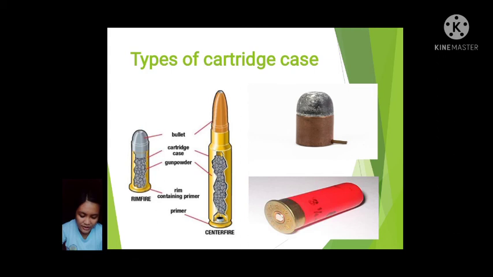Pinfire, it is an obsolete type of metallic firearm cartridge in which the priming compound is ignited by striking a small pin which protrudes radially from just above the base of the cartridge. The shotgun shell. Shotgun shell, it is a type of rimmed cylindrical cartridge used specifically by shotguns.